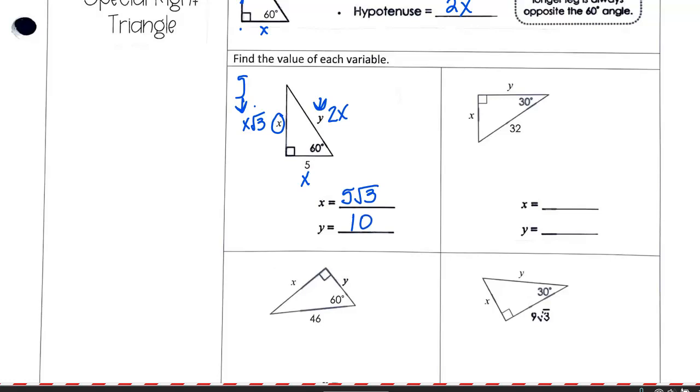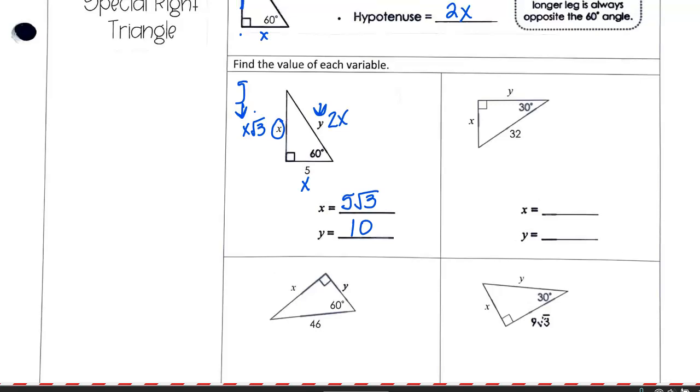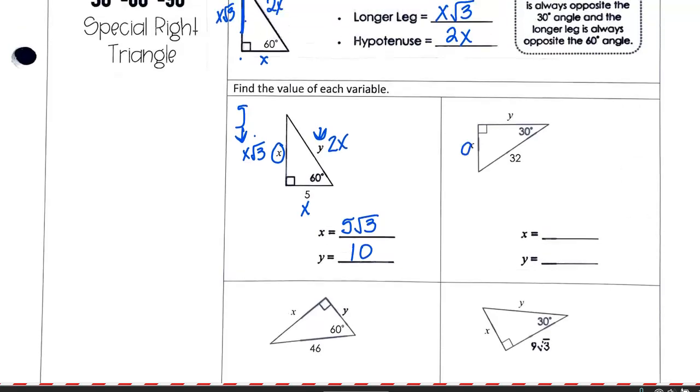I know this can get really confusing with the x's and the y's and our ratio being in terms of x. So sometimes I say change these to a and b so they're not so confusing with the x. So let's look at this example problem where I just changed everything to A and B. Across from 30, remember, that's our X. Across from 60 degrees, which would be this B, that is our X square root of 3.